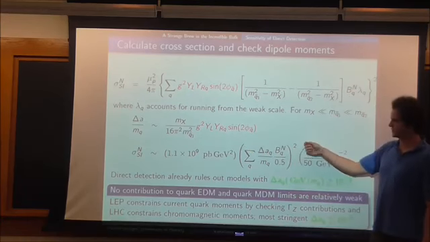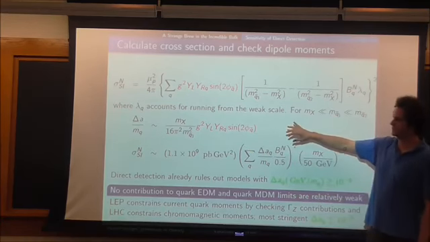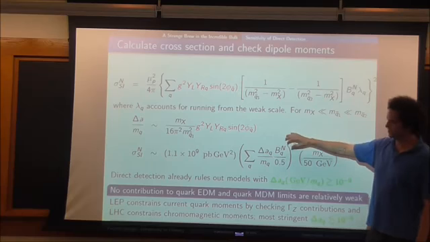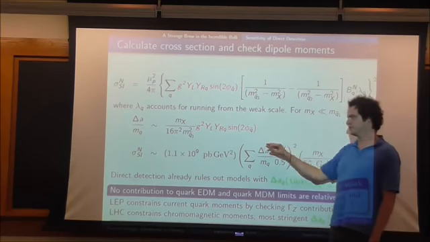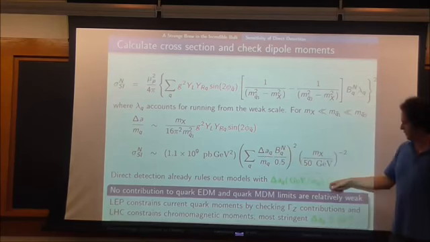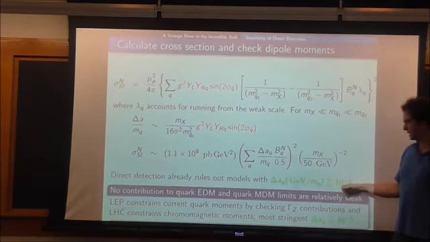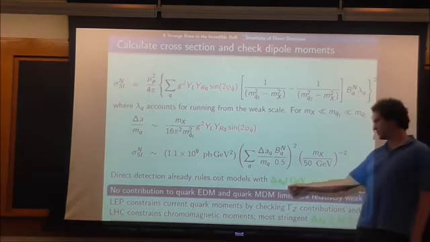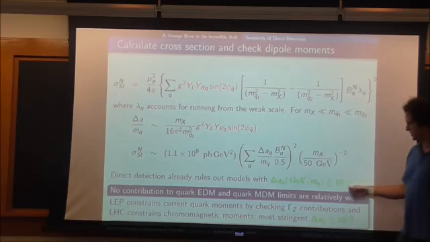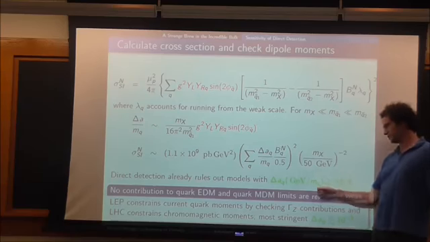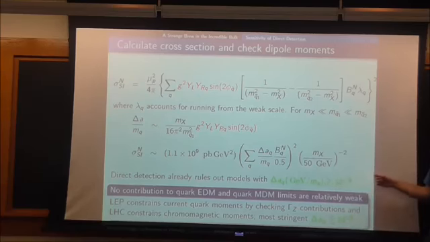So then the thing Jason likes to do is write the scattering cross-section in terms of the dipole moment contribution. And then you know that for some dipole moment contribution with a constraint that's larger than for strange quarks, say 10 to the minus 10, LHC is basically going to rule out this thing anyway.